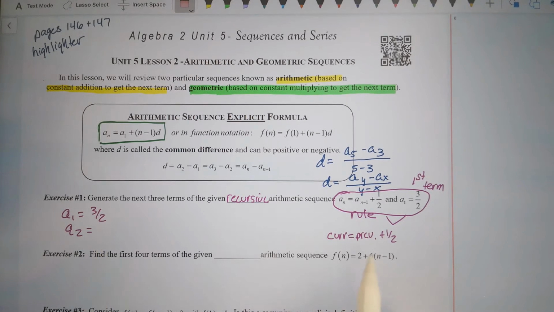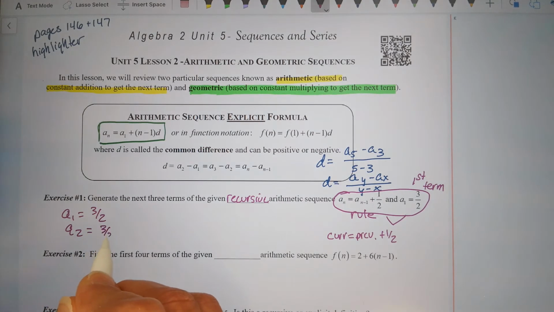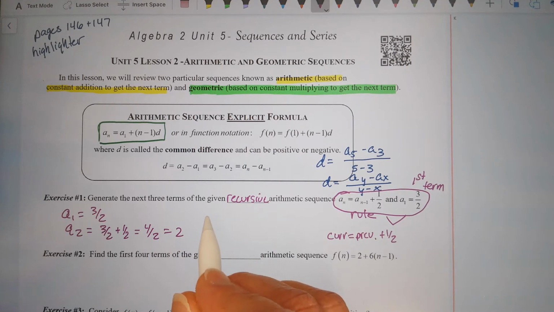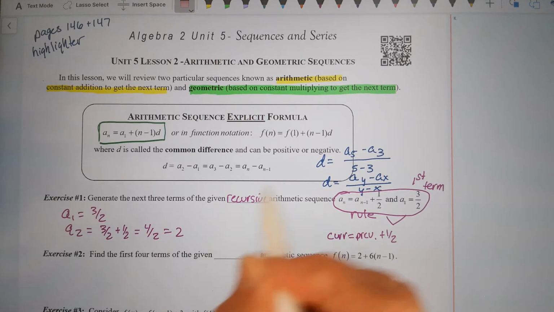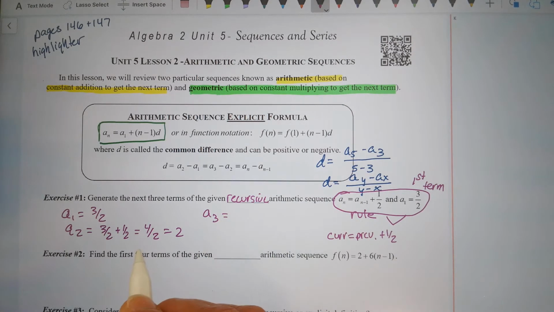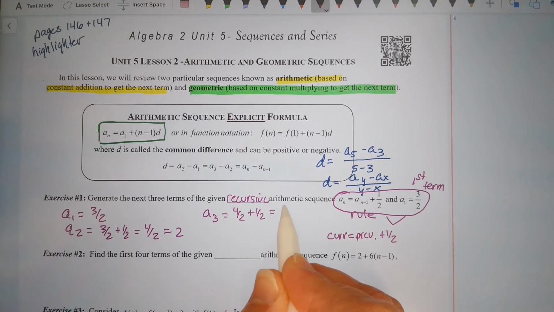So the previous is 3 halves plus a half is 4 halves, which is the same as 2. And the third term would be the previous 4 halves plus a half, which is 5 halves.